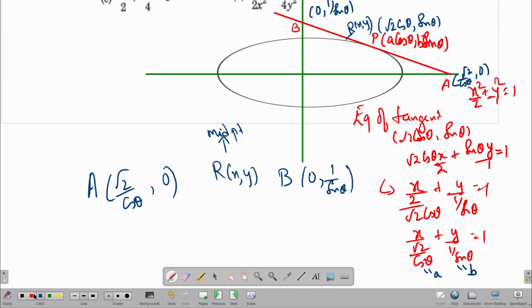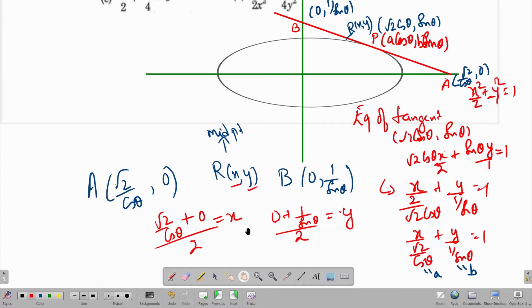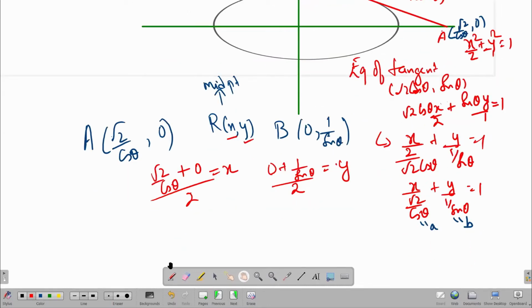So the midpoint formula is here: root 2 by cos theta plus 0 upon 2 is the x coordinate of R, and 0 plus 1 by sin theta upon 2 is equal to y, the midpoint formula on the y coordinate. Now what I have to do is eliminate theta, because after eliminating theta we get the locus, that is the equation of the curve. So how do I obtain that?